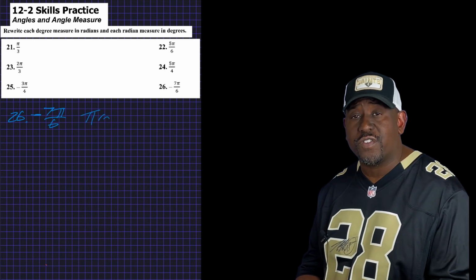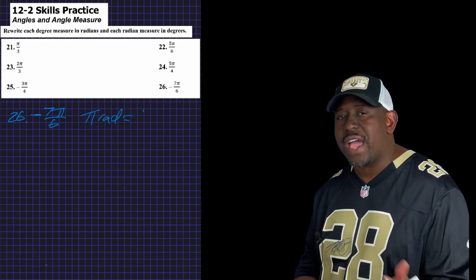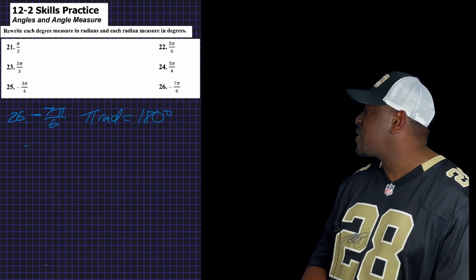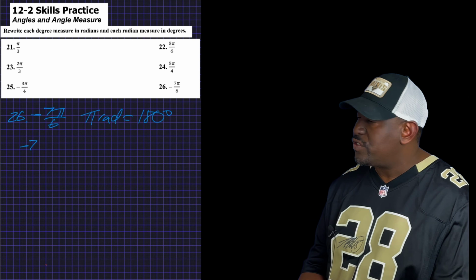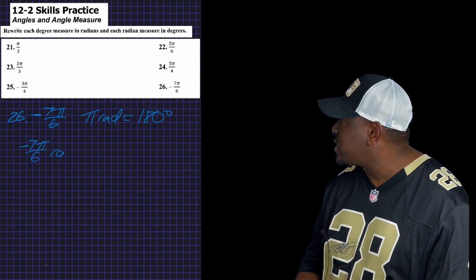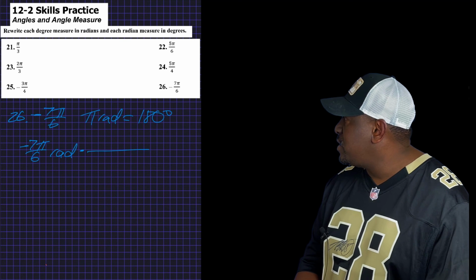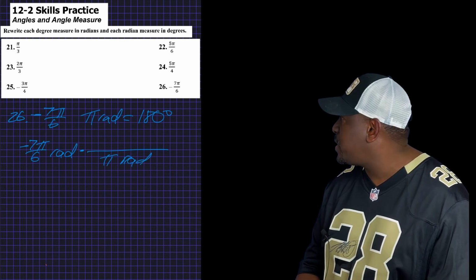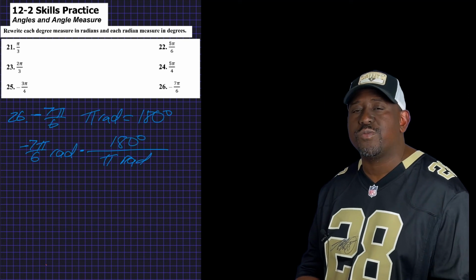Again, we should know the conversion by now, like the back of our hand. Pi radian equal 180 degrees. You put negative 7 pi over 6 radian. Multiply by the unit multiplier, pi radians in the denominator, 180 degrees in the numerator.